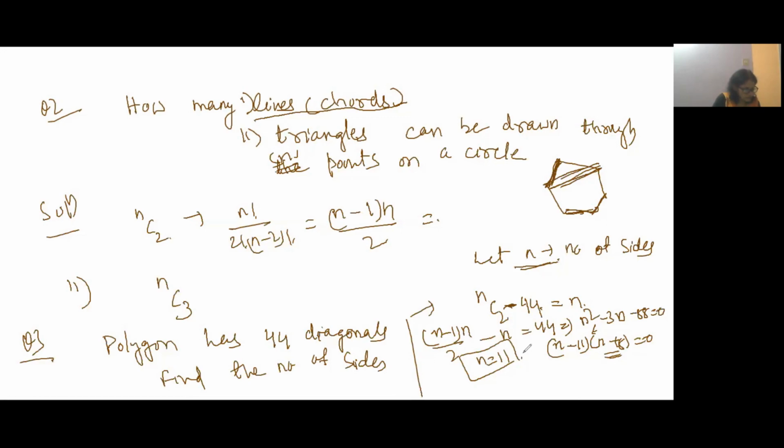What is the question? Find the number of sides, right? The number of diagonals is given. Find the number of sides of the polygon. So your n equal to 11. There are 11 sides of the polygon.